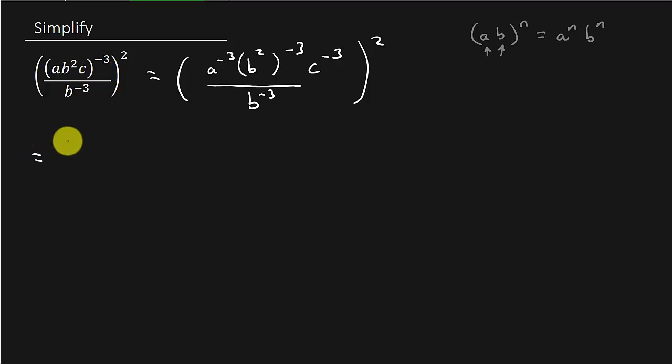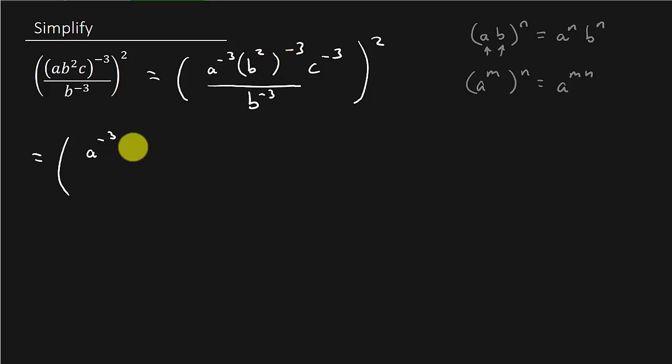All right, so now I've got a to the negative 3, and I have a property that says (a to the m) raised to the n is a to the m times n. So if you have something like this, you multiply the exponents, and you can see b squared to the negative 3.